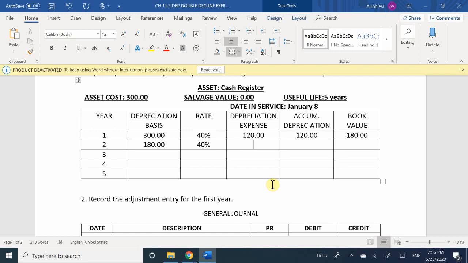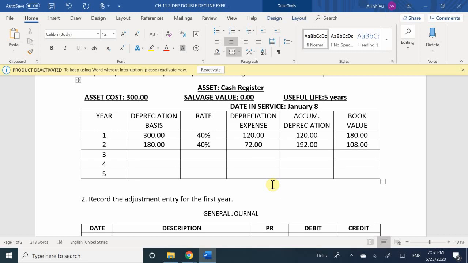What is 40% of 180? 72. And what is 72 plus 120? 192. And then what is the book value now? 108. 108 is correct. Good.